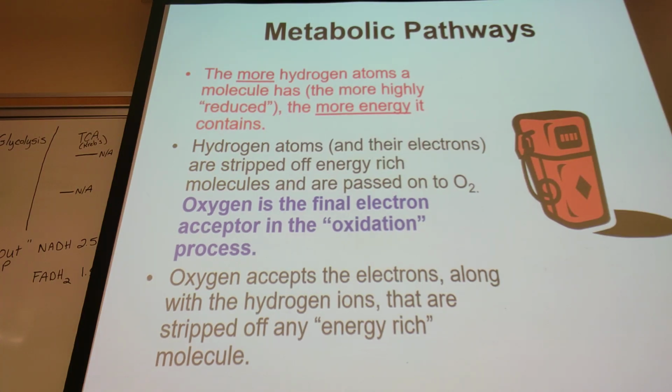It's weird to think that we make water through these metabolic processes. We do. It's also weird to think that we're generating CO2 at the cellular level as a byproduct as well. So the oxygen is going to accept the electrons and the hydrogen ions. More energy rich means the more hydrogen atoms that you can extract from a molecule.